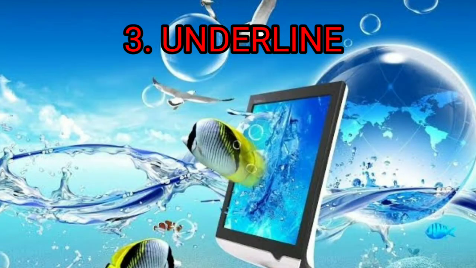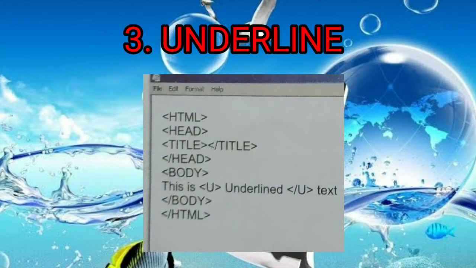In the following window, I have given you HTML codes for underline tags. Let me explain. First, to open HTML. Second, to open head. Third, open title and close the title tags.